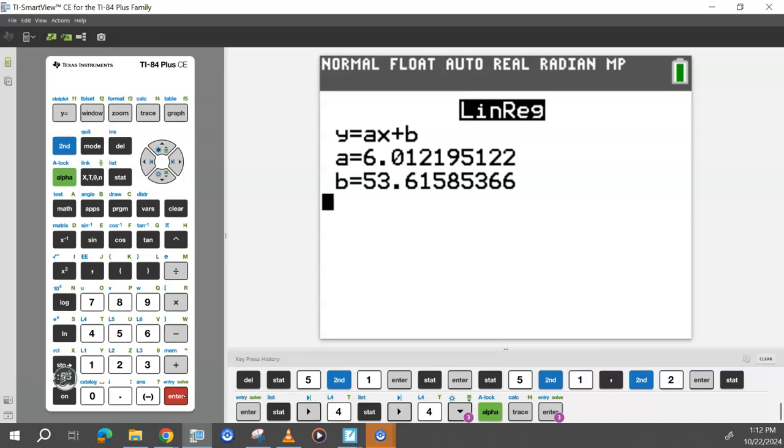Waiting on everyone's attention. On the next page, it asks us for a line of best fit.